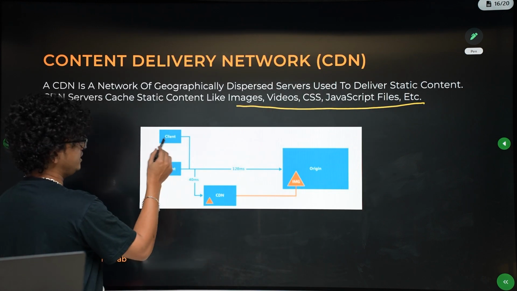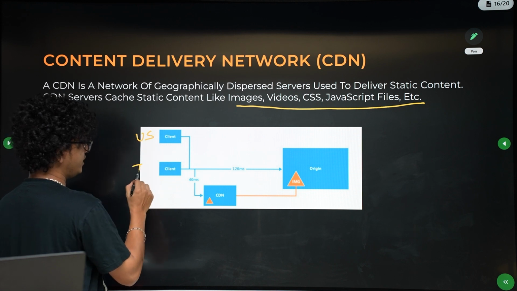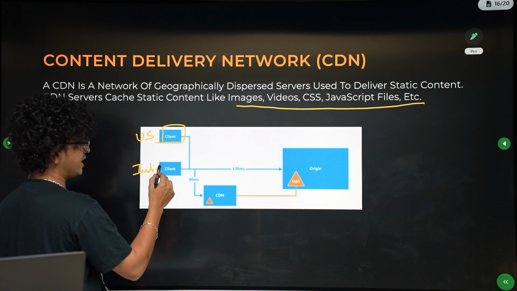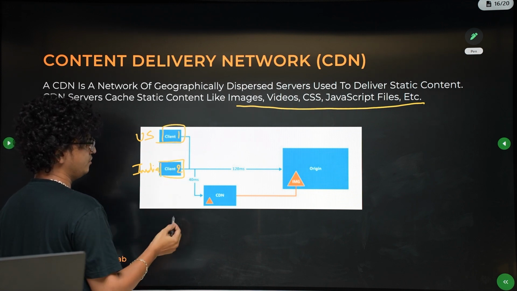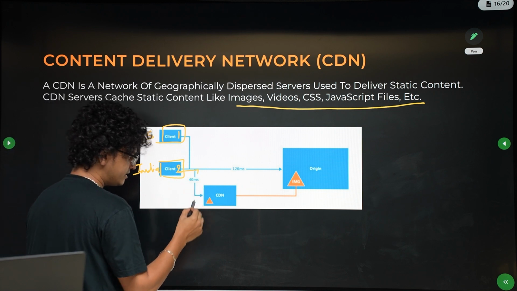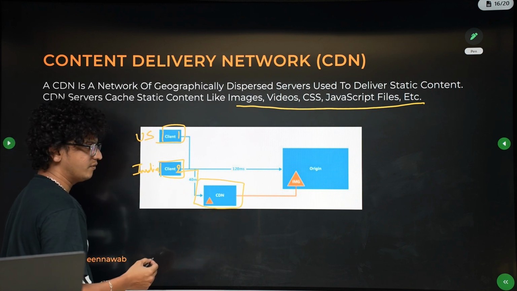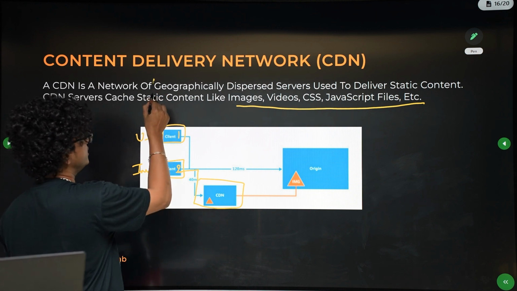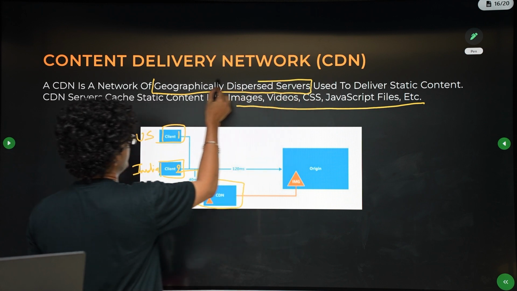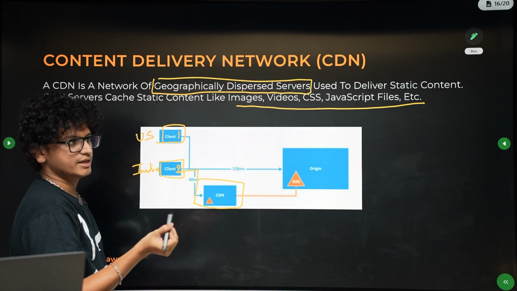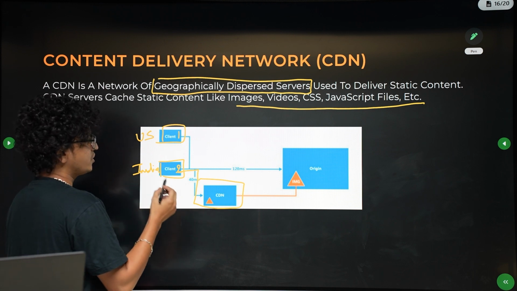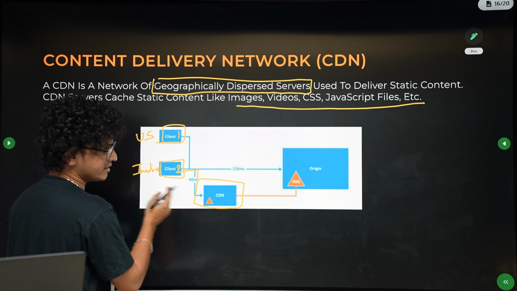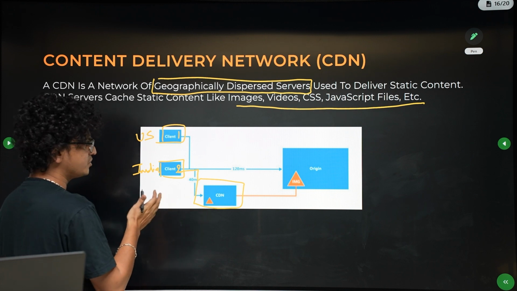Here, as you can see, there is a client from the US and a client from India. I hope this is visible to you. This is client 1 and client 2. Whichever CDN is nearest, a content delivery network of geographically dispersed servers, which we can also call geo-routed servers, the nearest server will hit back the response to the client.